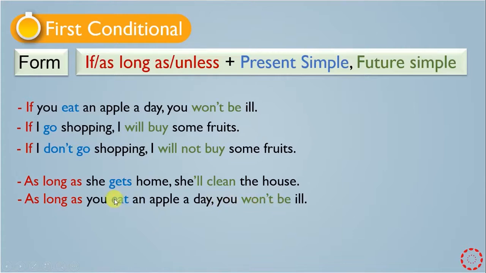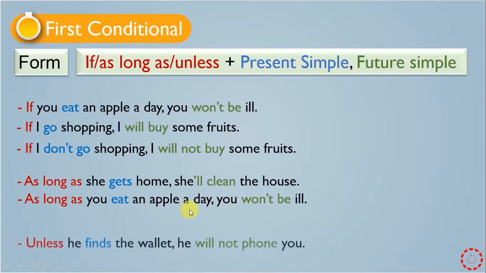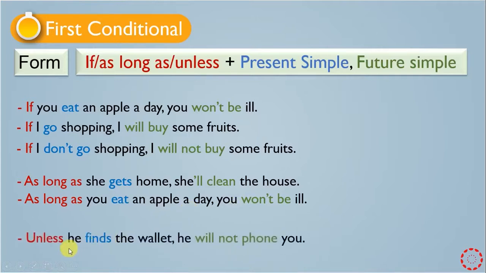So it means with "as long as" we may have the positive form for both of the tenses, present simple and future simple, and in the second one you can negate the future simple. But in "unless," as I said, the situation is somehow different.